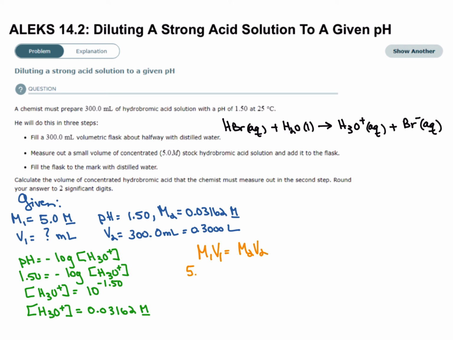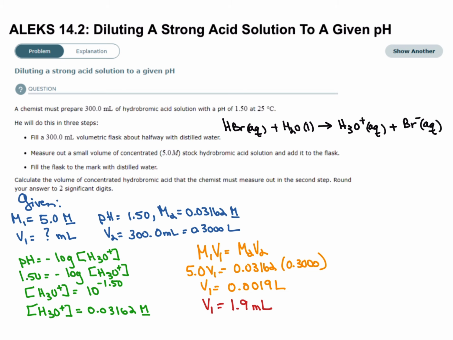I'm going to plug in what I do know, and solve for V1. But I want my final answer to 2 significant figures, and I want it in milliliters. So V1 equals 1.9 milliliters.